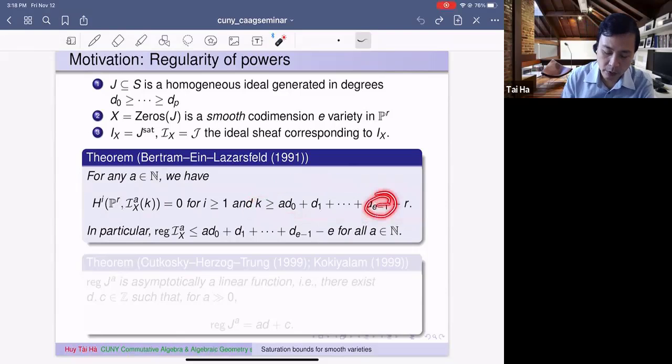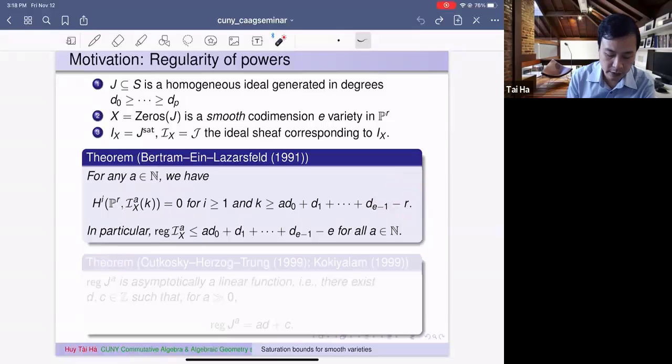So here you can see that one only needs to go up to the codimension minus 1. On the other hand, in Macaulay's theorem, one needs to go up to r. So that's the first difference between this result and Macaulay's theorem.